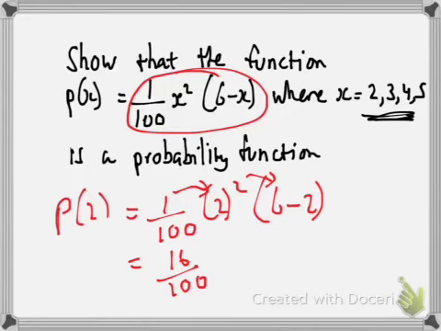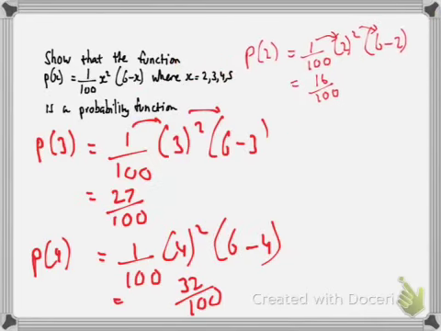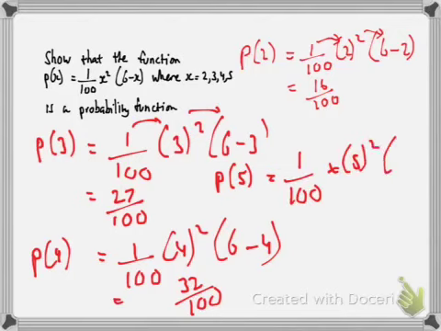Remembering we've got this one here from the first one, let's bring it over to the other side. And the last one is P of 5, which equals 1 over 100 times 5 squared times (6 minus 5), that's 25 times 1, 25 on 100.